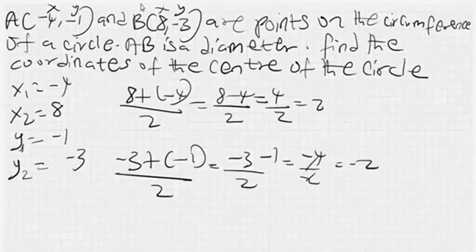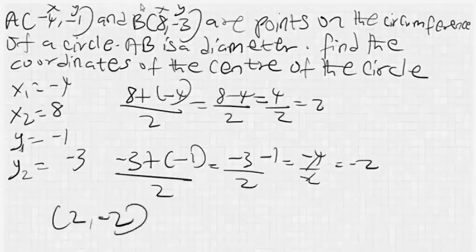So that means the midpoint, the coordinates for the center of the circle, will be 2 and -2 respectively. Okay, hope you found something interesting from this video, how to use coordinates to get the midpoints and use it to sketch a straight line graph.